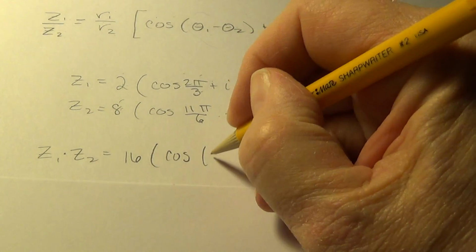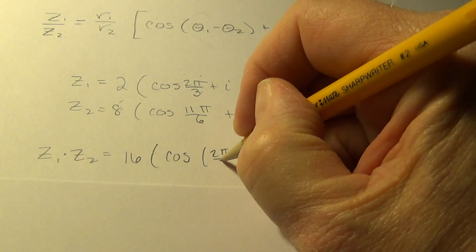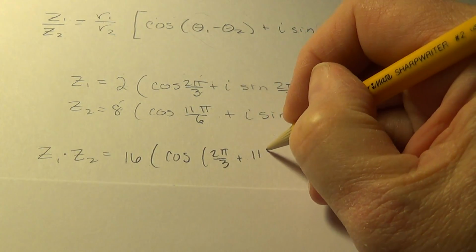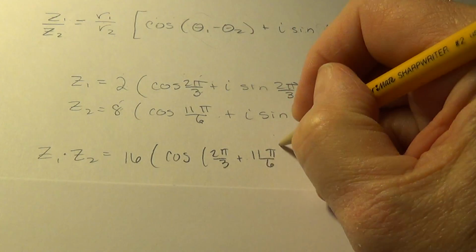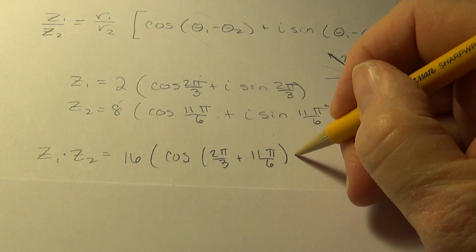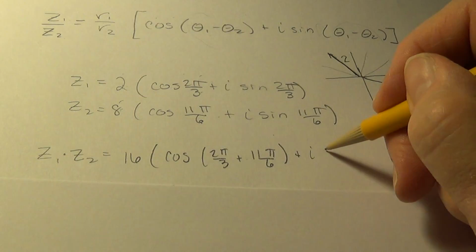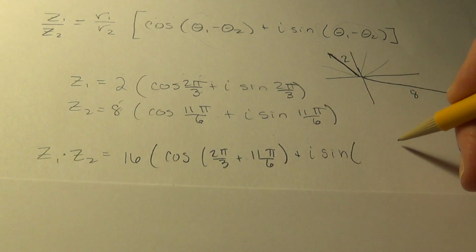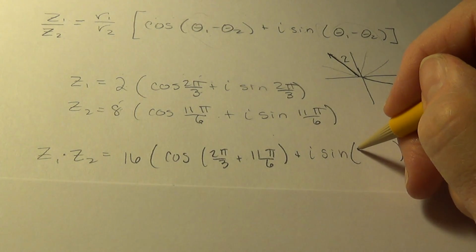So I get 2 pi over 3 plus 11 pi over 6, plus i sine, and again the same sum.